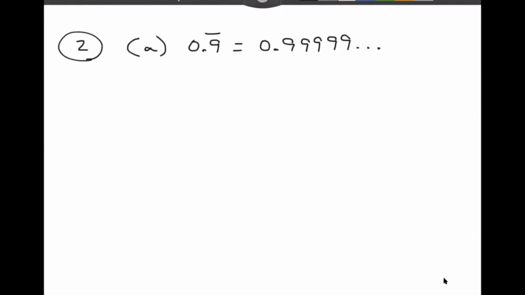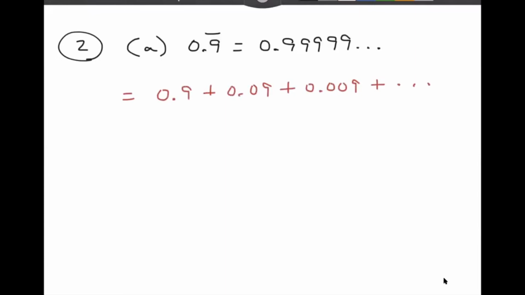Notice that another way of writing 0.99999 repeating is as an infinite series. You can write it as 0.9 plus 0.09 plus 0.009, et cetera.